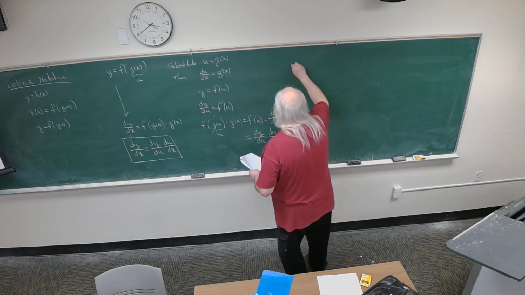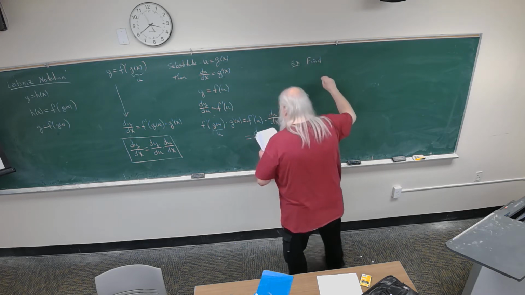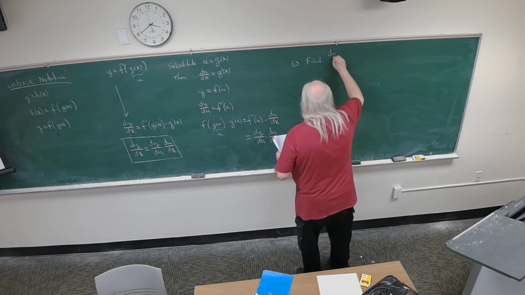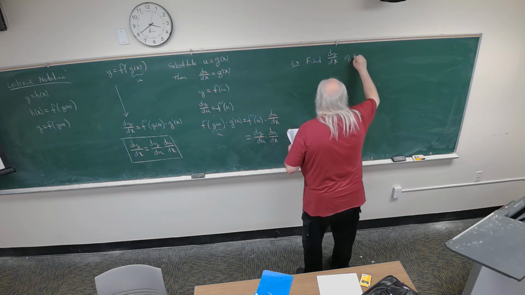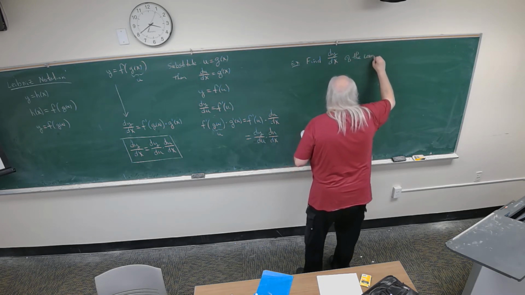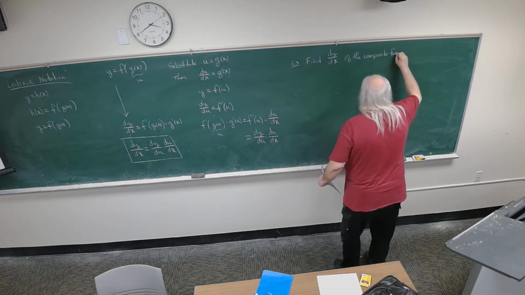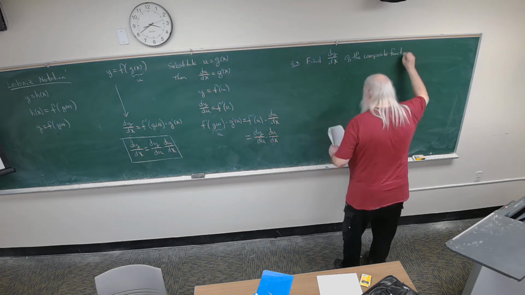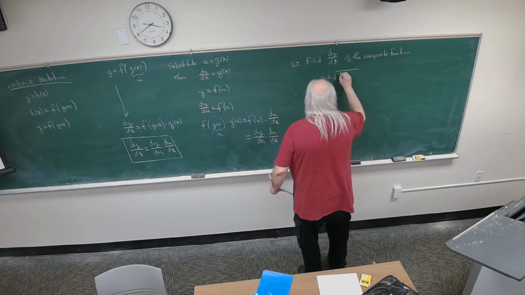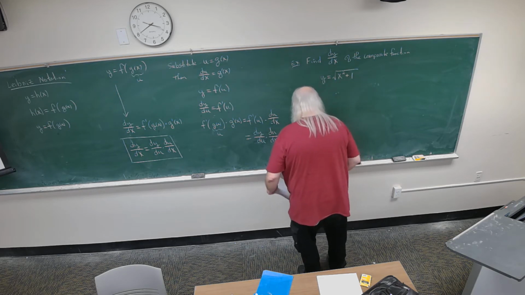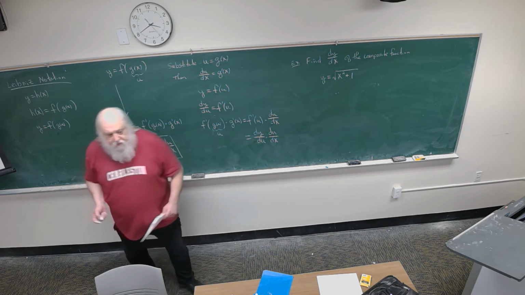So in the first example, we're going to find the derivative of y with respect to x of the composite function y equals the square root of x squared plus 1. Okay? Now we already found that derivative, but we're going to do it now using Leibniz notation. Okay?